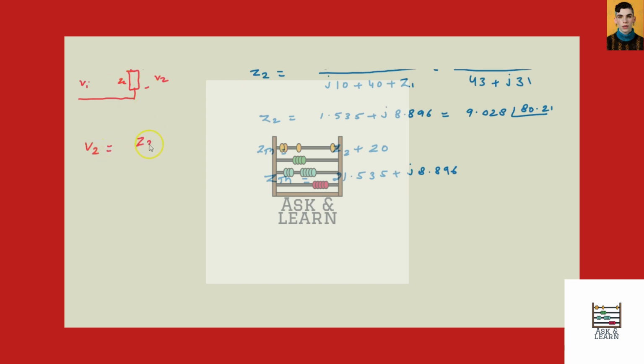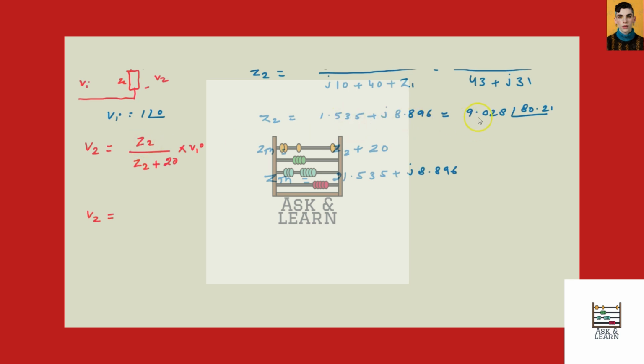Z2 upon Z2 plus 20 into V input, and here we assume that V input equals 1 angle 0 degree. Then V2 equals, what about Z2?